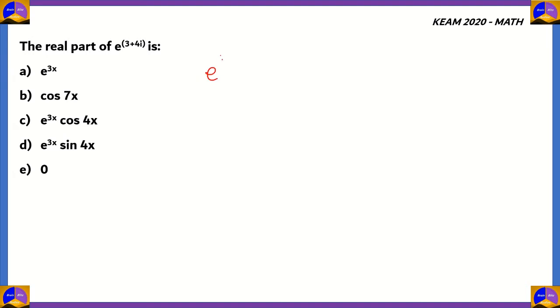We have e raised to 3 plus 4i. So this is our complex number here. We can write e raised to 3 plus 4i as e raised to 3x times e raised to 4ix.